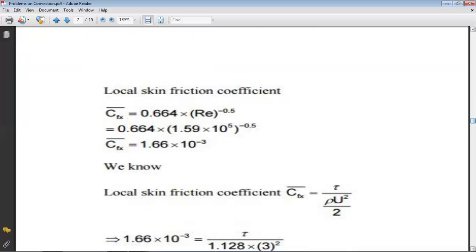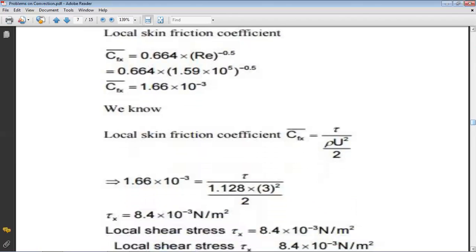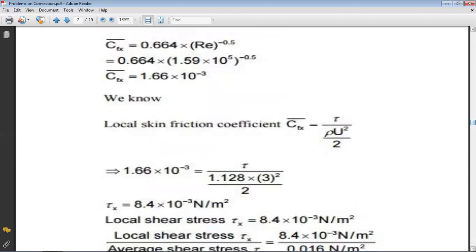Now if you use the same equation of Cfx equals shear stress upon rho v square upon 2, as we have substituted the value of the local skin friction coefficient, we will be getting the shear stress corresponding to that position, which is the local shear stress.